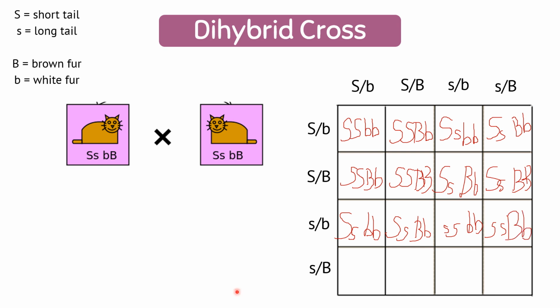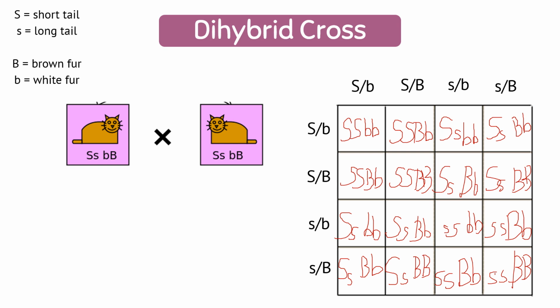Alright, and now we have our last combination, so lowercase s, capital B, lowercase b, and so on. Okay, so it looks kind of messy, but it's all in there.